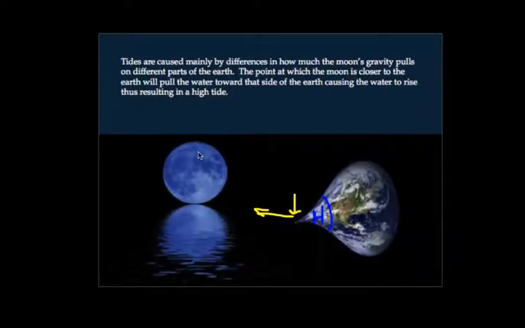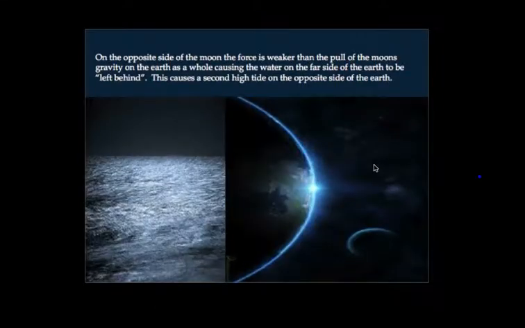Here, because the moon is on this side, we have a high tide over here. But directly across, the side of the Earth opposite of the moon is also going to have a high tide. So I have a high tide on the near side of the Earth, and a high tide directly opposite over here. So you have two high tides at any one point.